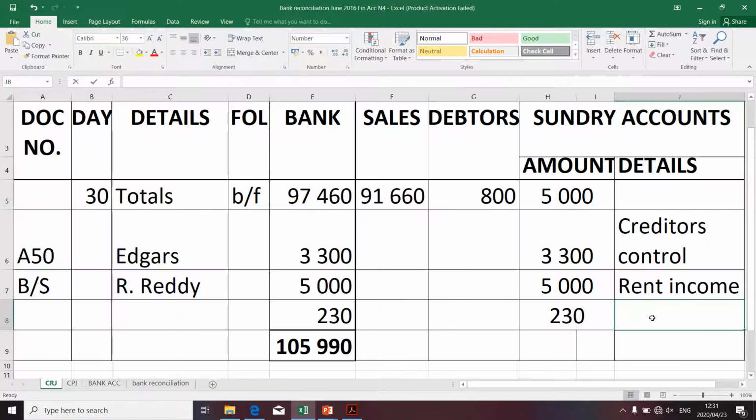Let me just quickly write the description. It's interest income, or you can call it interest received. Let me just call it interest received. I'll just leave it like that. That refers to interest received.